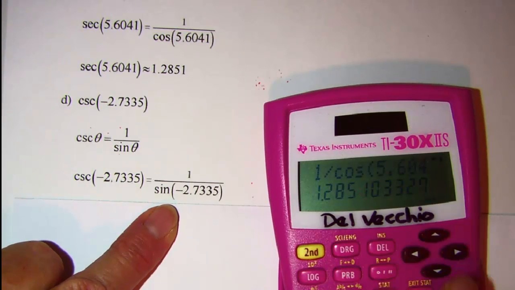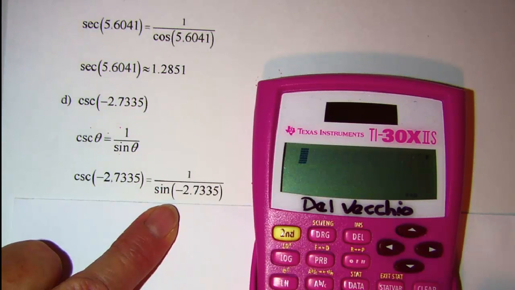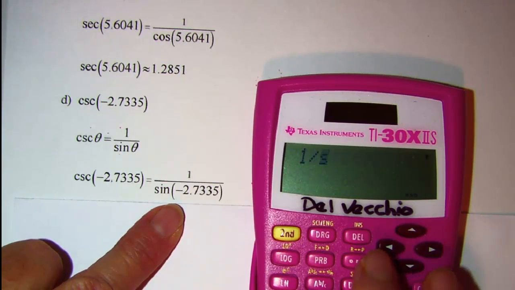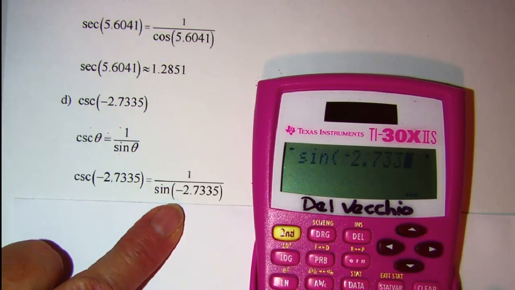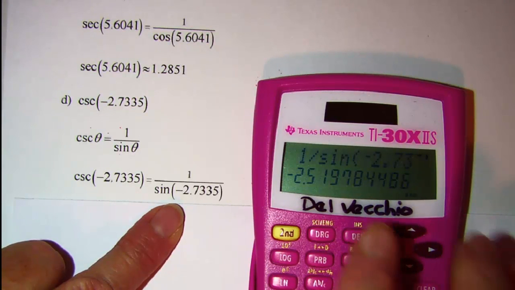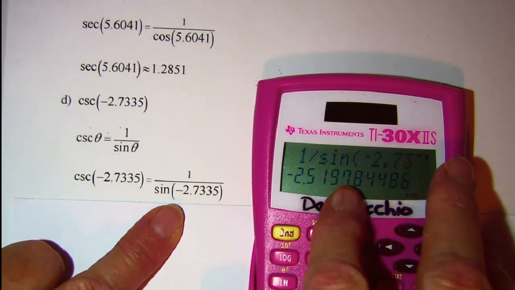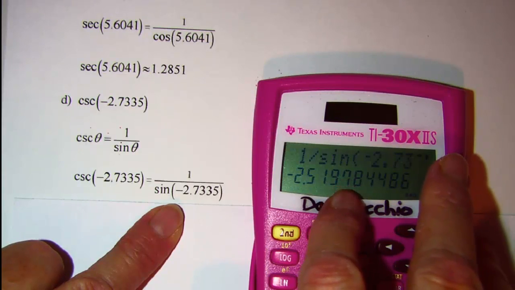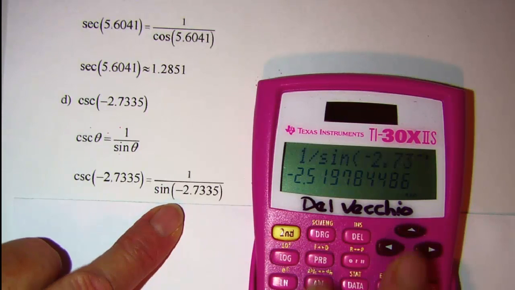Now that I'm in sine, I can do the calculation. 1 divided by sine negative 2.7335. And I get negative 2.51978. Usually we take it to 4 decimals, which means that I'll take this up to an 8. 2.5198.